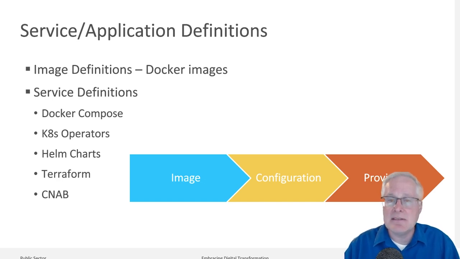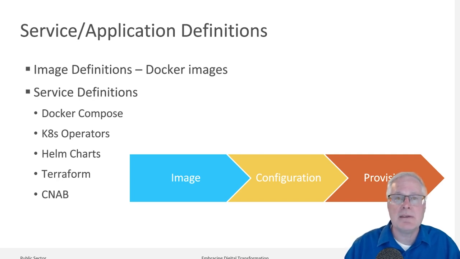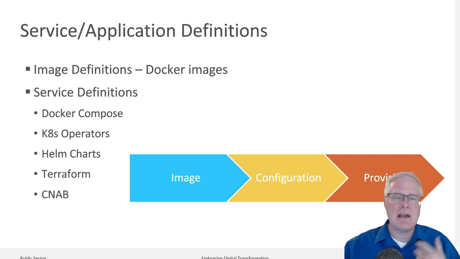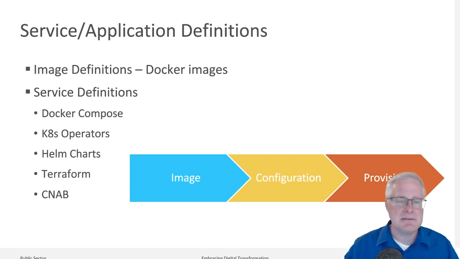It's the environment the container is running in. It could include network, storage, or volume connectivity, and it could also include deployment, a number of instances of the container running. So a service really has that configuration so that I can really provision. So when you look at a full service definition, image, configuration, provision, those are the keys.